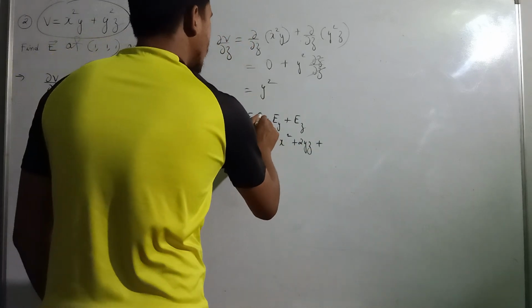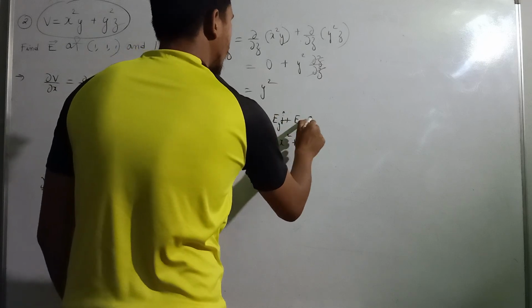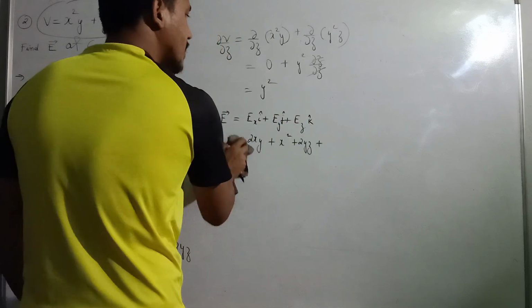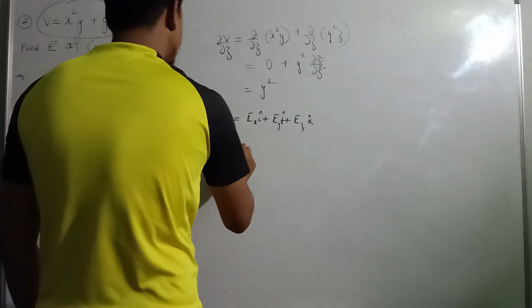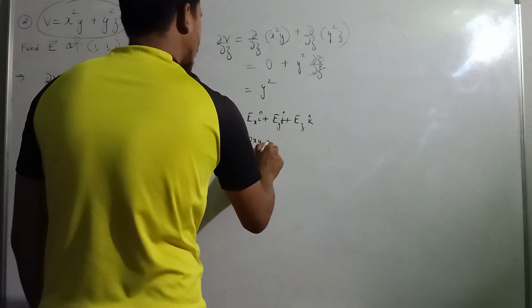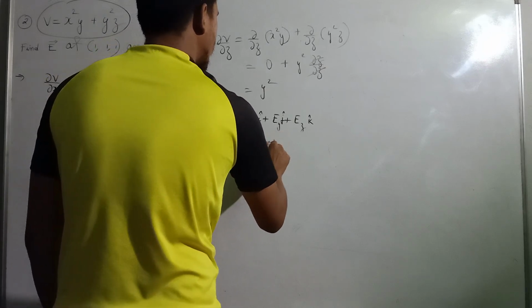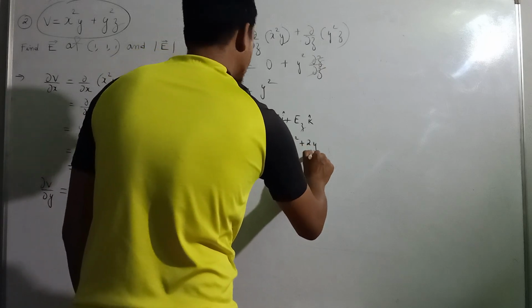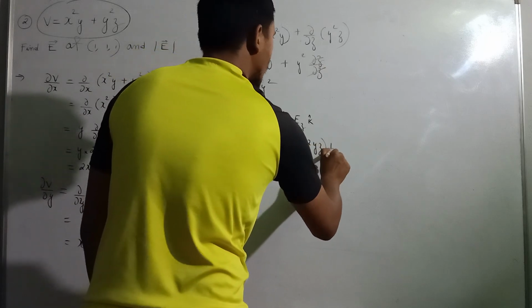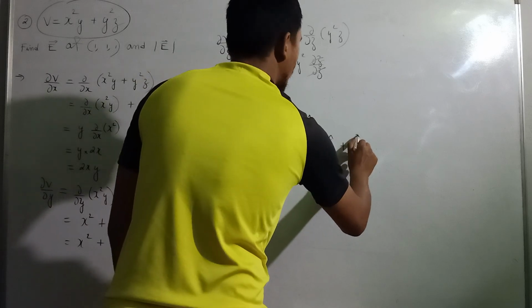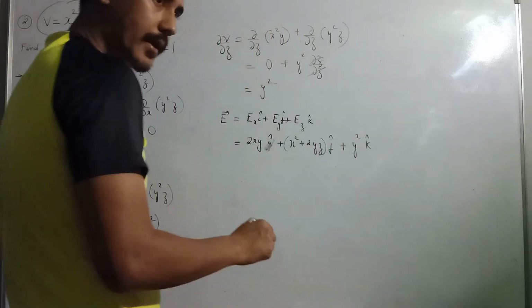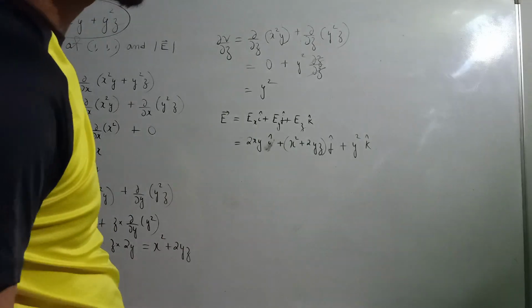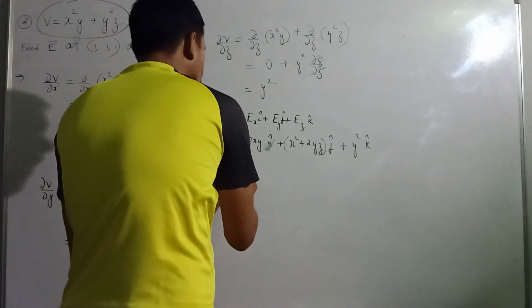I missed out i, j, k, okay? So your Ex is 2xy with i cap, your Ey is x square plus 2yz with j cap. Ez is y square with k cap, correct? I'm not putting the negative sign, I don't like the negative sign.